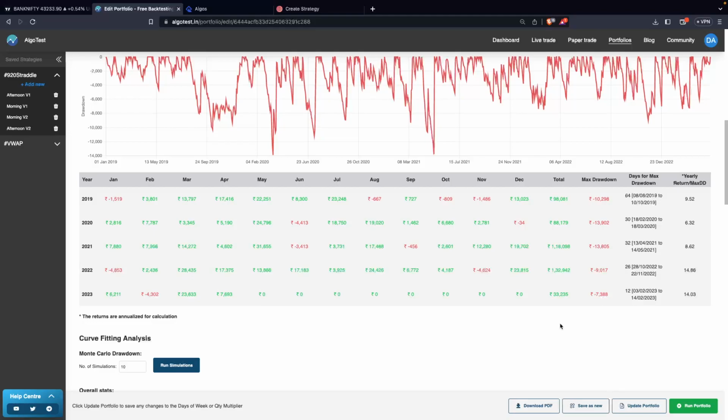So here are the results. There are definite entry conditions. For example, if our algo wants to take a trade at a premium of 100 rupees, but we are not able to get the premium of 100 rupees, because you know that option premiums run at a very fast rate. They change every second.